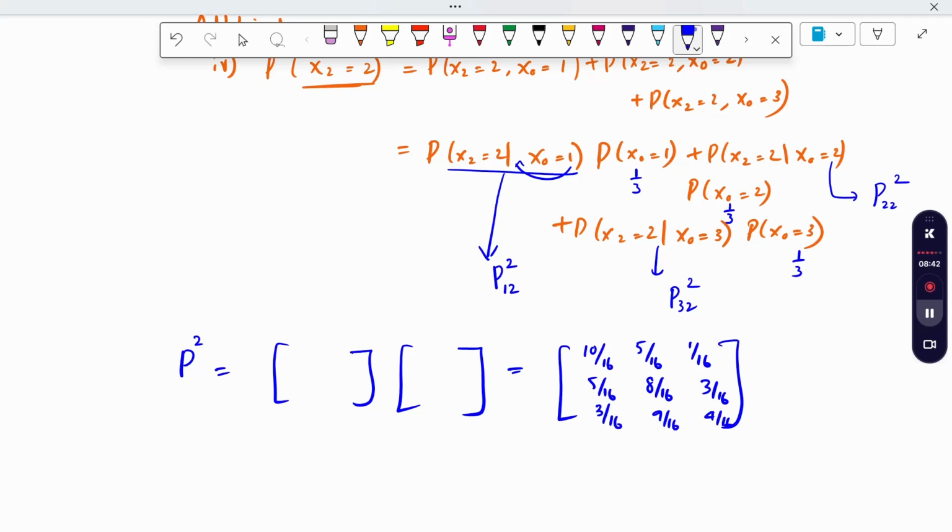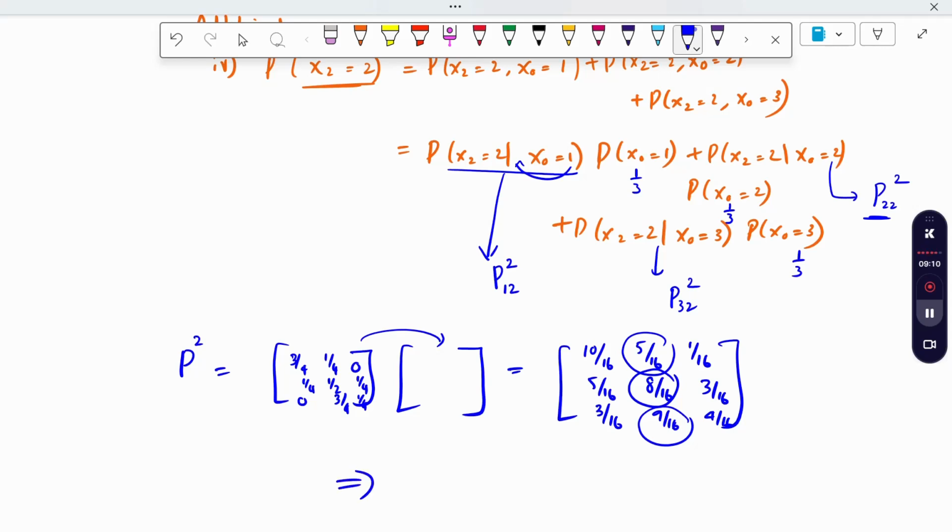P already it is given in the question. 1 by 4, 0, 1 by 4, 1 by 2, the same question I am taking. 0, 3 by 4, 1 by 4. Okay, again the same P. When I multiply I'm getting, so my P22 means 8 by 16, P12 means 5 by 16, P32 means 9 by 16.